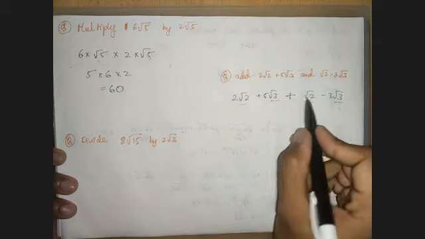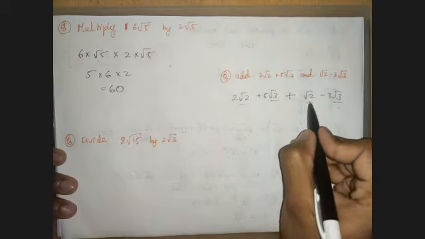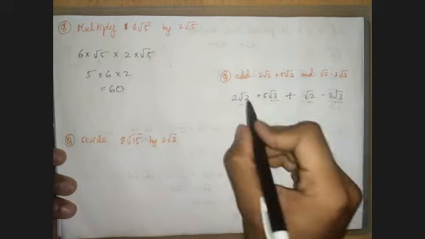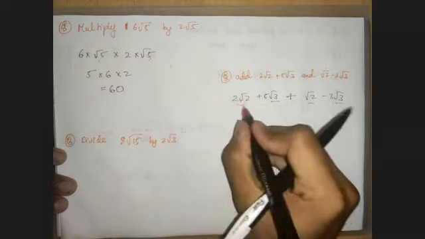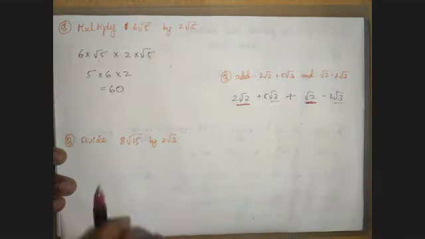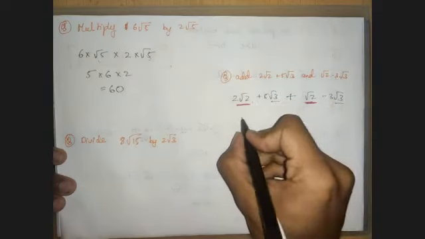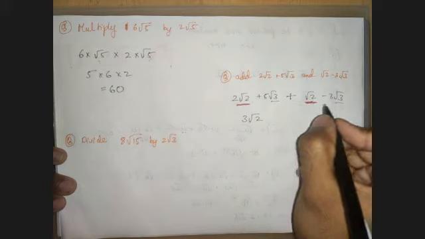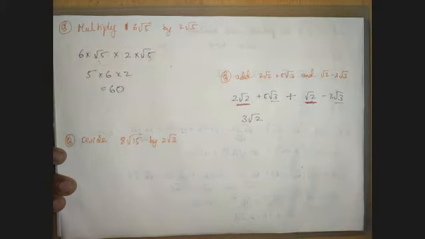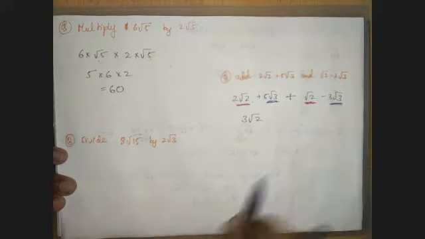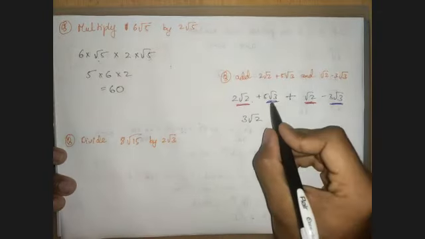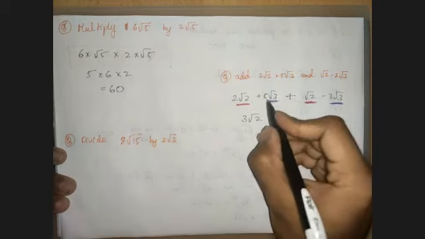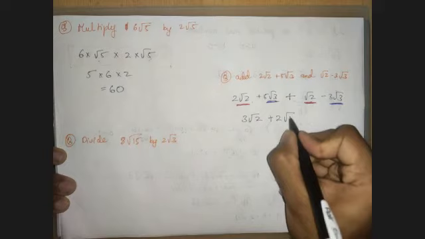We can't add root 3 to root 2. Okay, so how do I do? It is 2 root 2 plus root 2, so this would be 3 root 2. And then 5 root 3 minus 3 root 3 would give me 5 minus 3, which is 2 root 3.